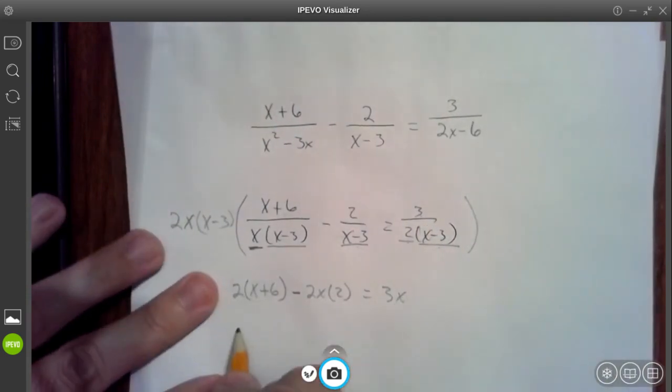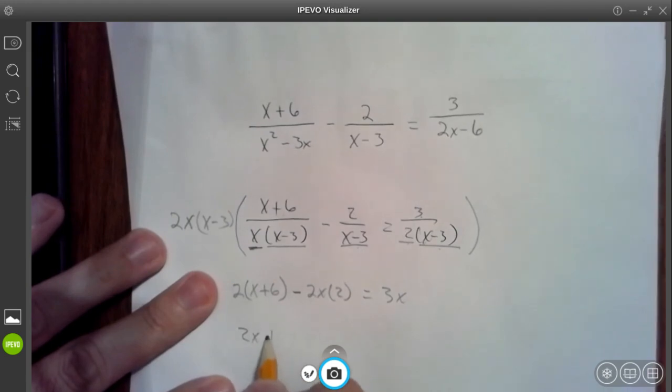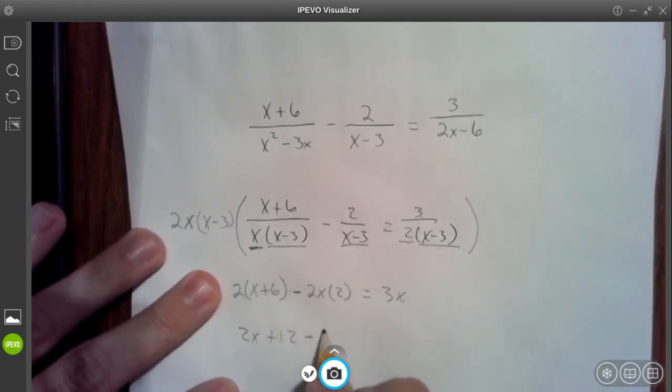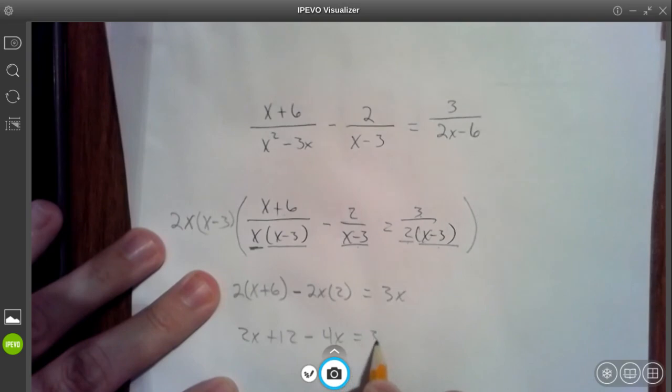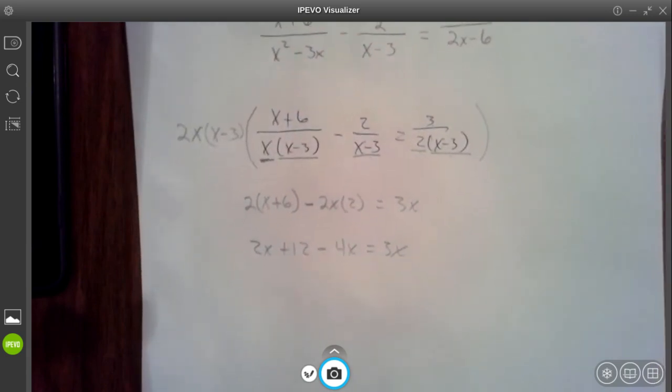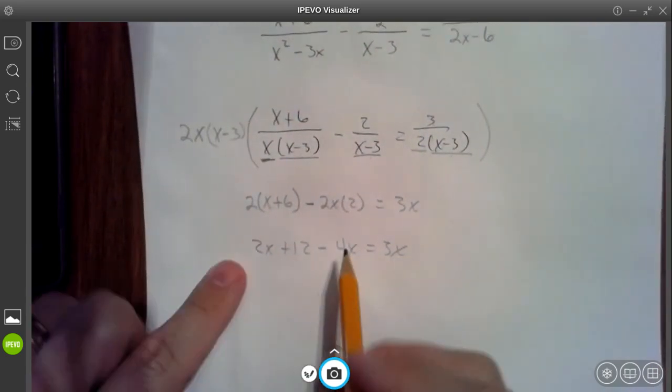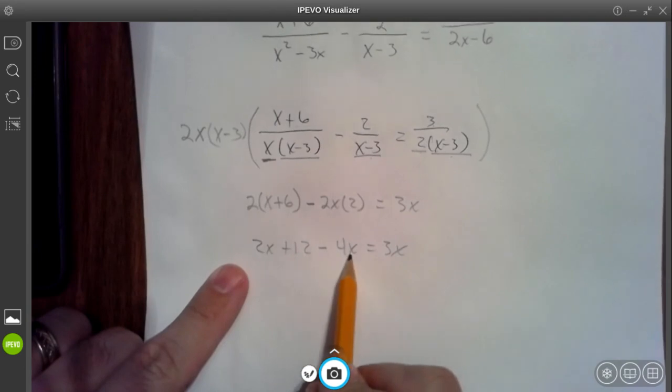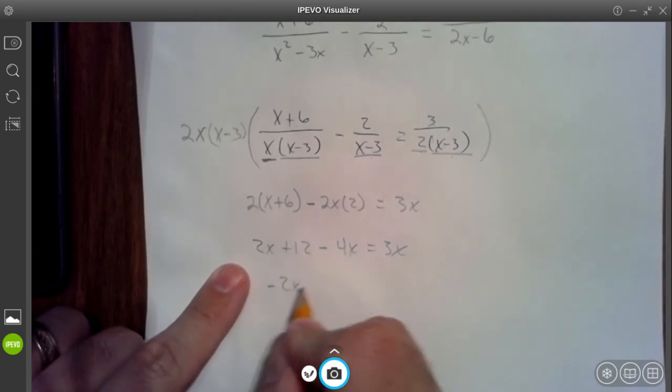We'll distribute here. We're going to get 2x plus 12 minus 4x equals 3x. This one is not a quadratic equation, just a linear one, so we're going to get one solution this time. 2x minus 4x is negative 2x.